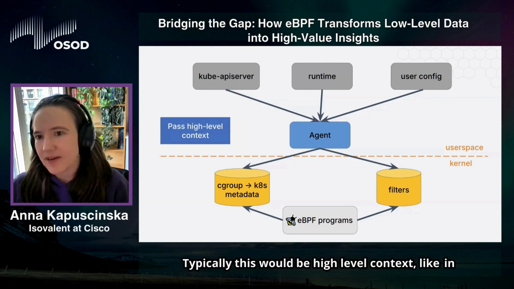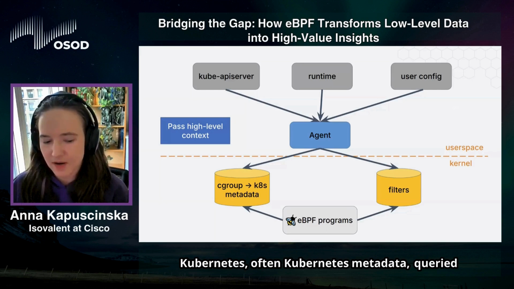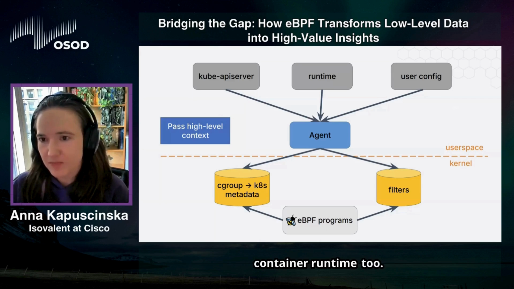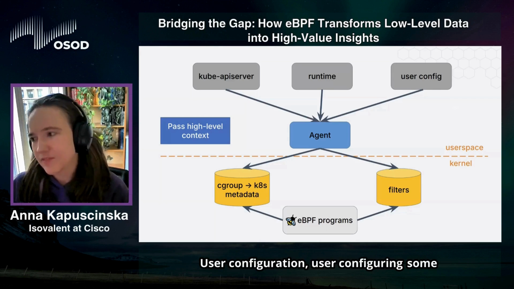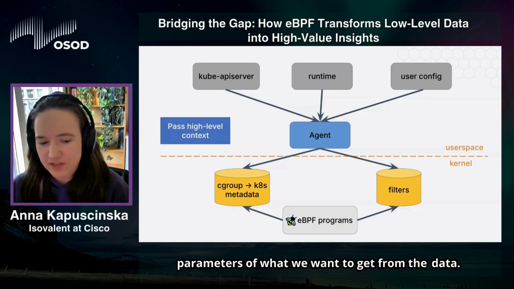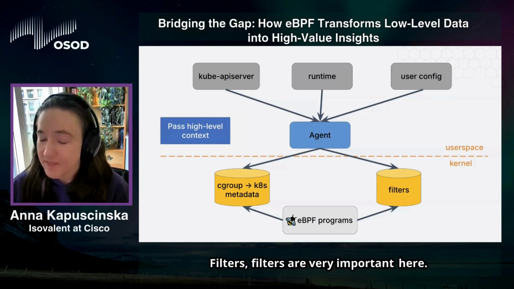Typically, this would be high-level context, like Kubernetes metadata, queried either from the Kubernetes API or from the container runtime too. User configuration, where the user configures some parameters of what we want to get from the data. Filters are very important here.